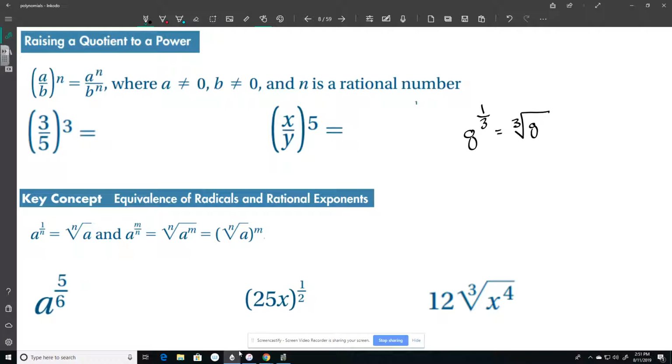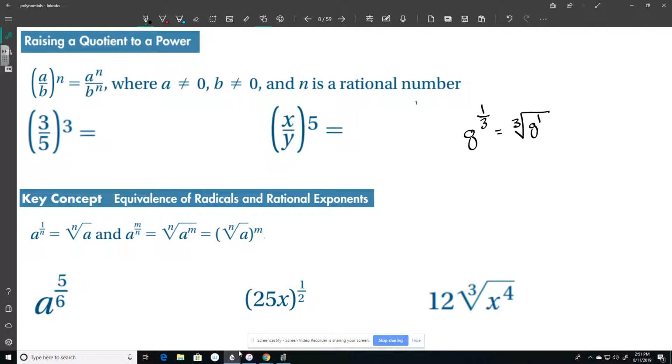And the 1 just stays right there on top. That just becomes the third root of 8 to the first power. So whatever number's on top stays on top as an exponent. The number on bottom comes out to the front in our radical.